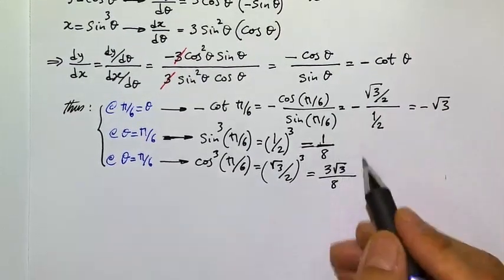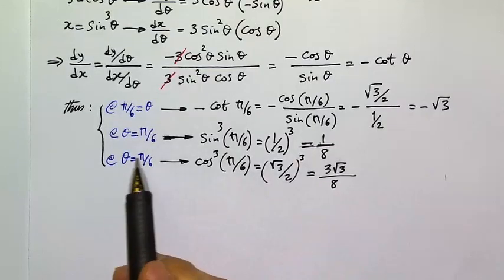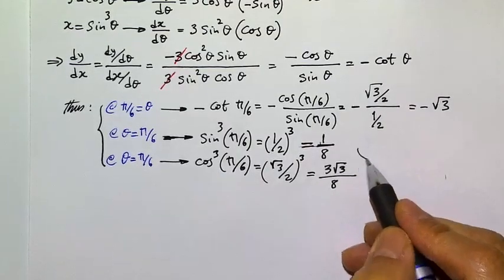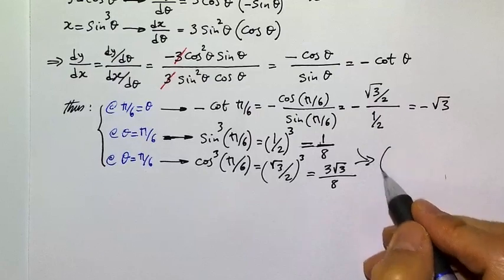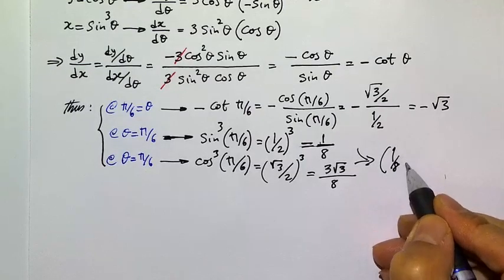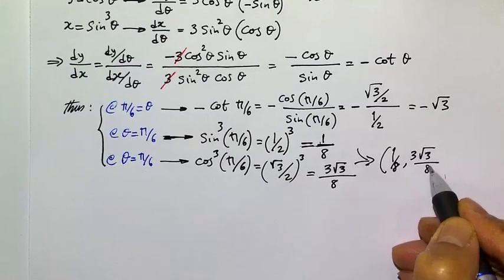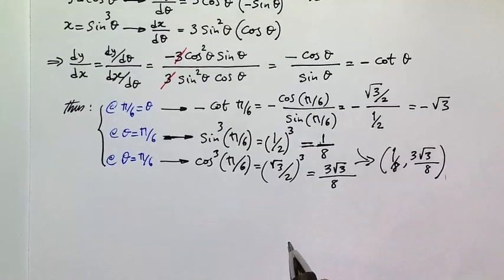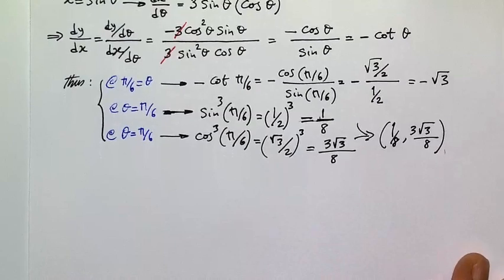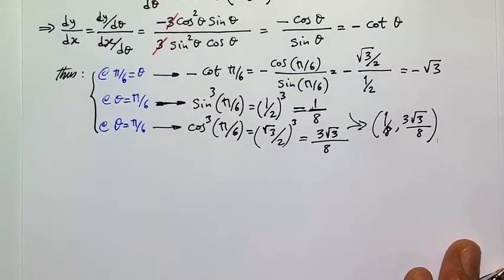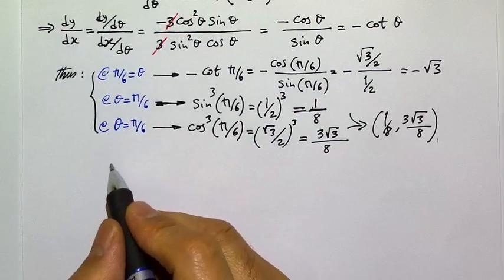Now we have a point, right? We have the x and y values: 1 over 8, comma, 3 square root of 3 over 8 as a point. Now we can use the point-slope formula from basic algebra.